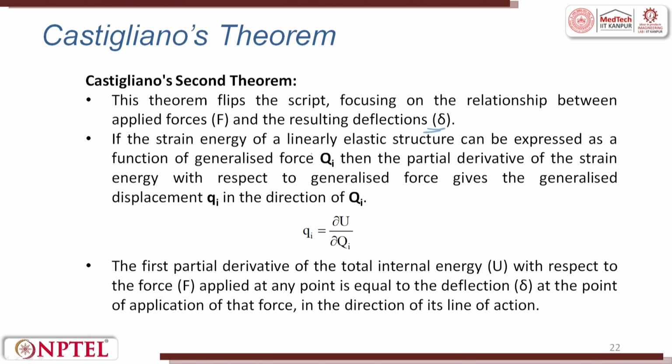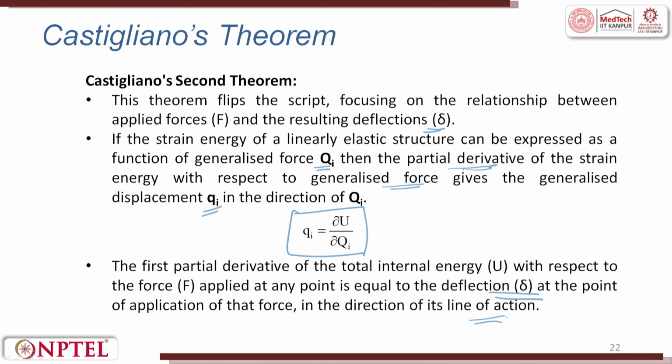If the strain energy of a linearly elastic structure can be expressed as a function of a generalized force Qi, then the partial derivative of the strain energy with respect to generalized force gives the generalized displacement Qi in the direction Qi. The first partial derivative of the total internal energy U with respect to force F applied to a point is equal to the deflection del at a point of application of the force in the direction of line of action.